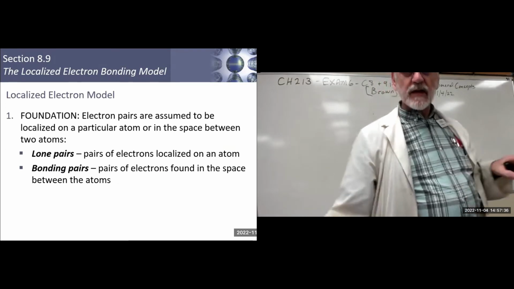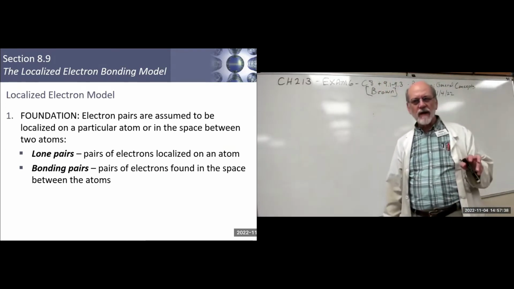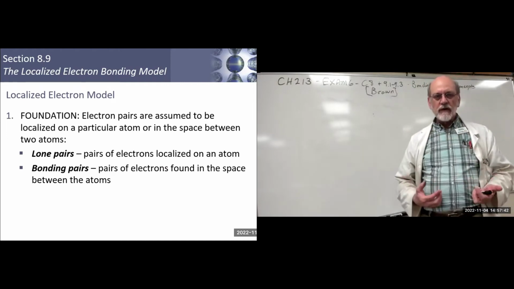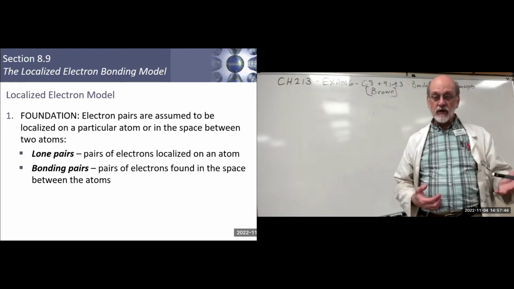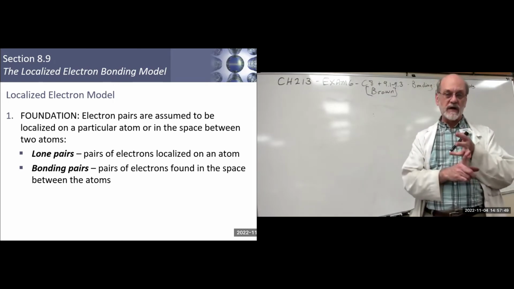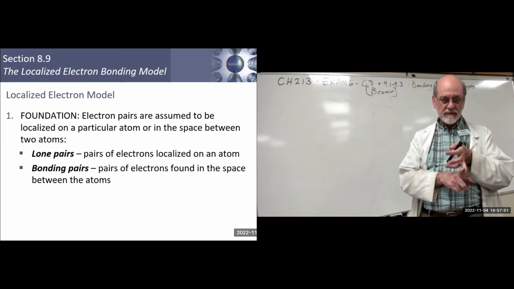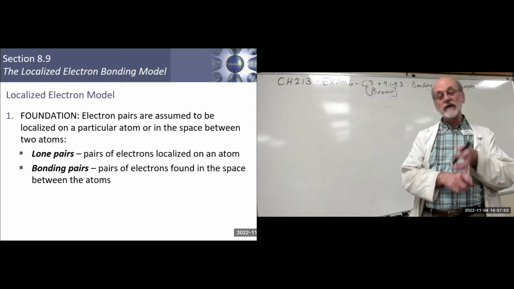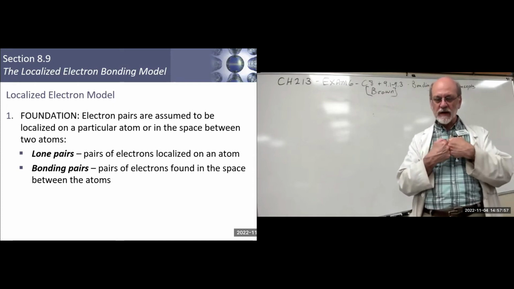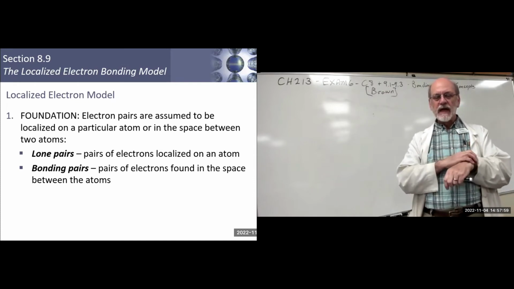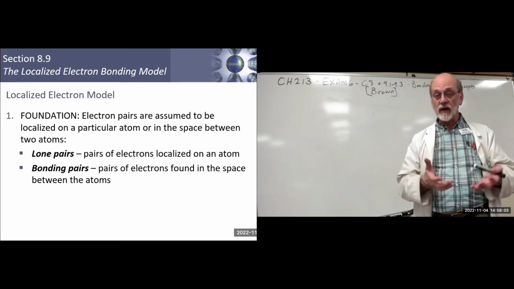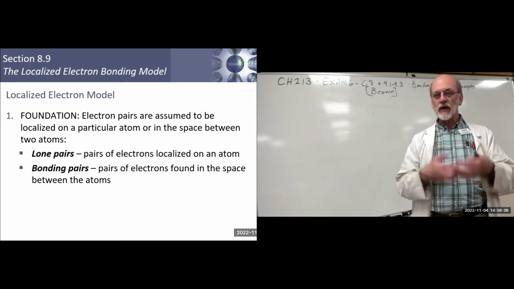Okay, so when we look at the localized electron model and we draw our structures, we have two types of electrons: those that are in the bond and those that are not in the bond. The ones that are in a bond are paired. Two electrons form the bond. And those that are not, the non-bonding electrons, they tend to pair also, but they're lone pairs.